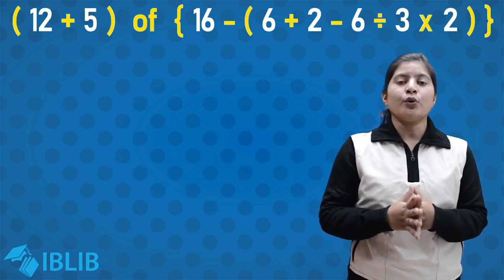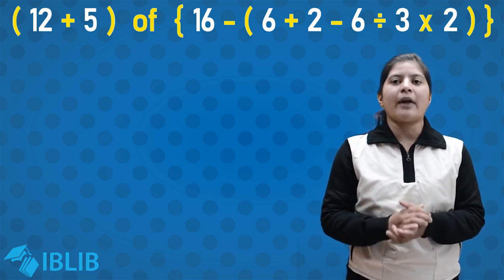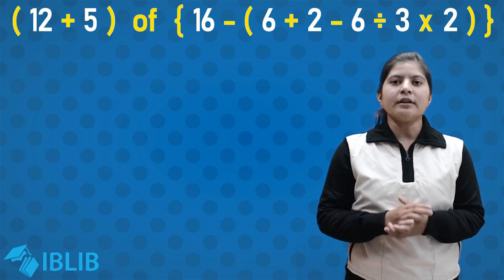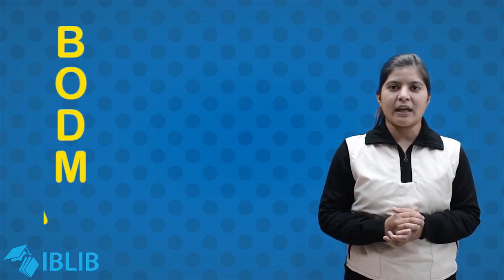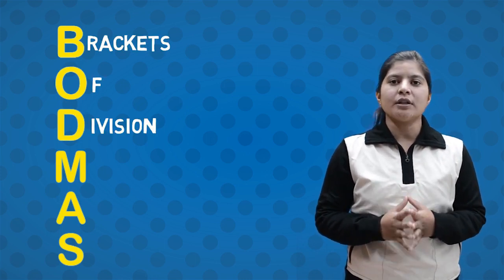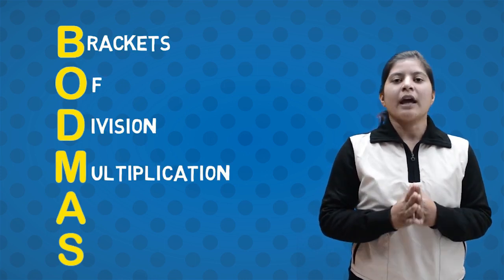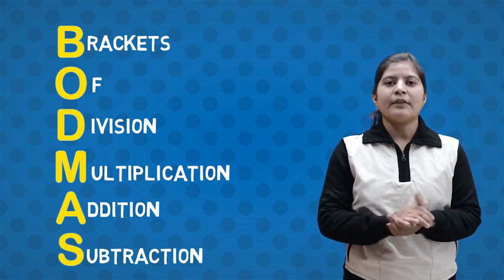Then also you have to follow an order of solving all these things to get a right answer, and that order is represented by the word BODMAS, where B stands for bracket, O for of, D for division, M for multiplication, A for addition, and S for subtraction.